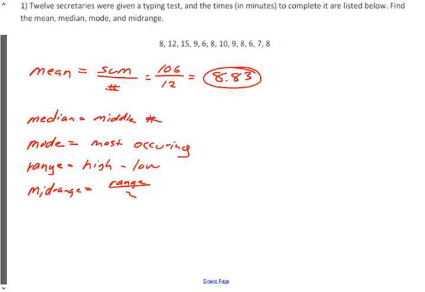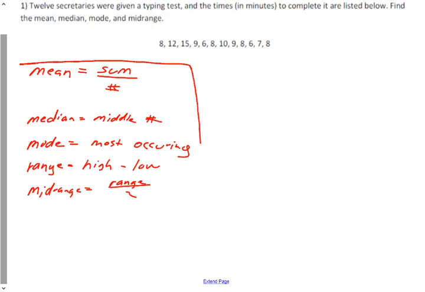So rather than write all of these out, I'm going to go ahead and get rid of this as well. Here's my definitions. Let's turn to our calculator, because our calculator will do a lot of this for us, and it's just a matter of knowing how to type it in and then how to read it. So let's bring up our calculator.